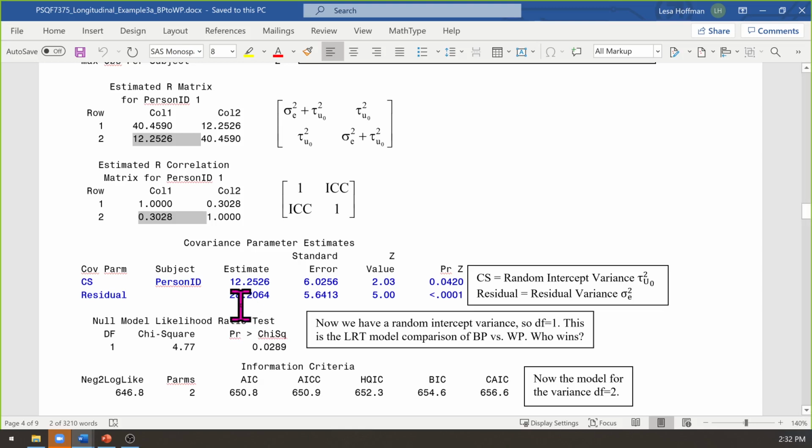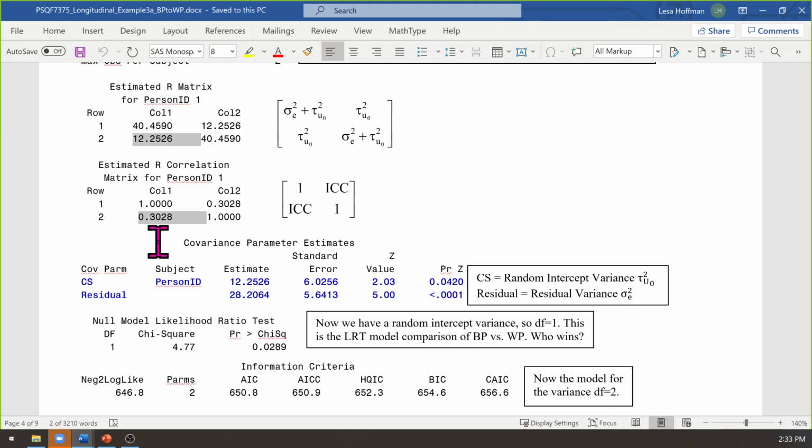That is between persons due to mean differences due to the random intercept that is actually cross-sectional. And if I take 12 over 40, I get my 0.3 intraclass correlation. Can I say the estimate of the CS line is between persons variances and the residual line is within persons variances? Yes, yes, yes, you can.